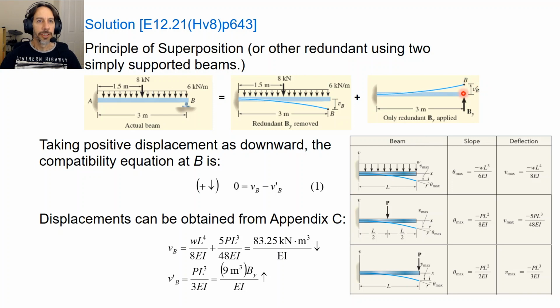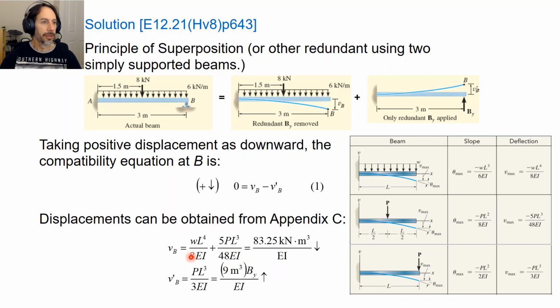Our deflection at the end here, B, is PL cubed upon 3EI. L is 3, so 3 cubed is 27. 27 divided by 3 is 9. That's how we get to that 9 meters cubed in here.